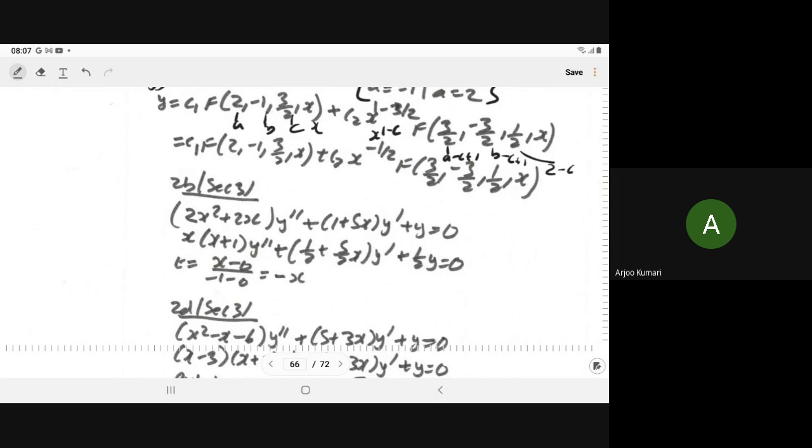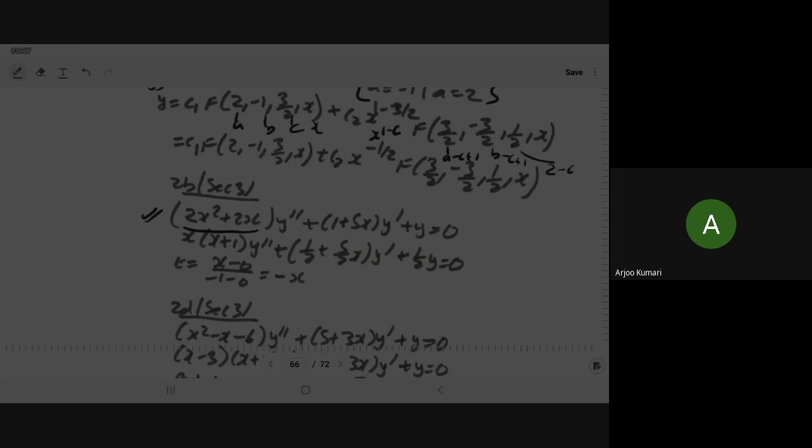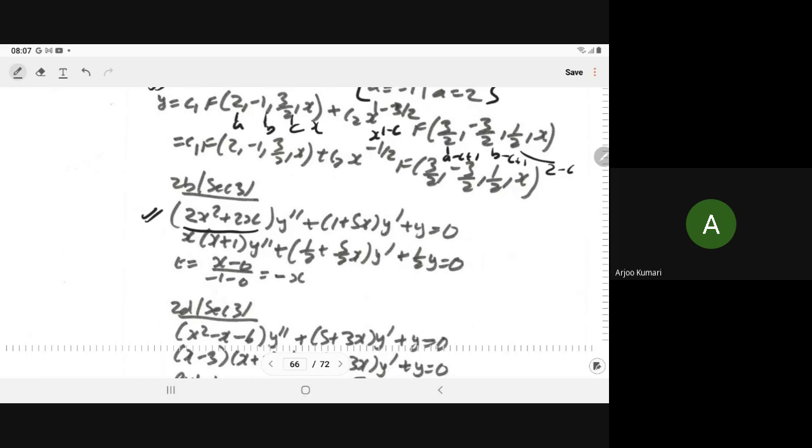For example, if we have this question, 2x squared plus 2x y double dash plus 1 plus 5x y dash plus y is equal to 0. If you take the 2 common, here we have x into x plus 1 y double dash plus 1 by 2 plus 5 by 2 x y dash plus 1 by 2 y.